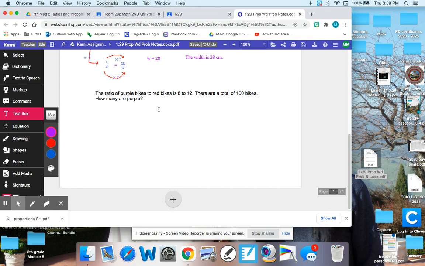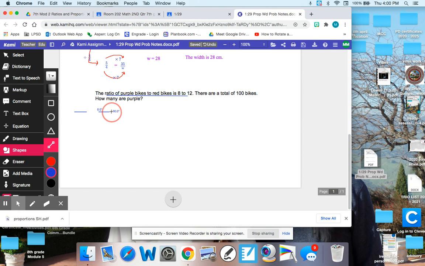The ratio of purple bikes to red bikes is 8 to 12. So we're talking already, the ratio of purple bikes to red bikes is 8 to 12. So I'm going to go ahead and draw my lines just to get started. 1 and 2, because I already know a ratio here.